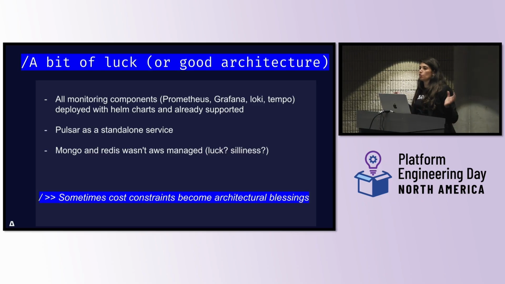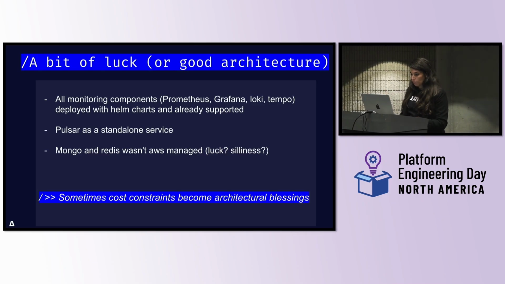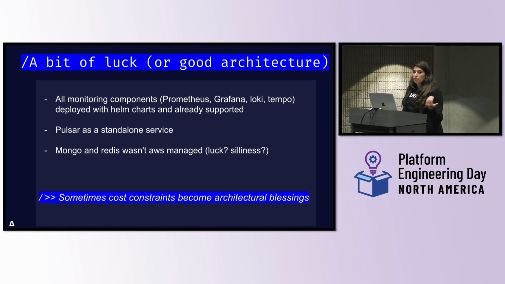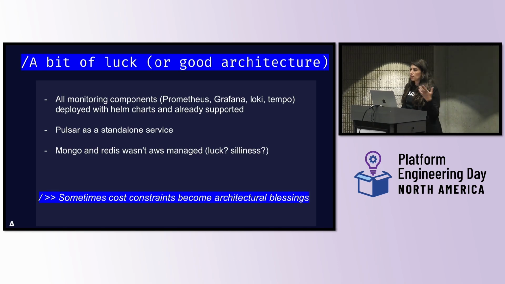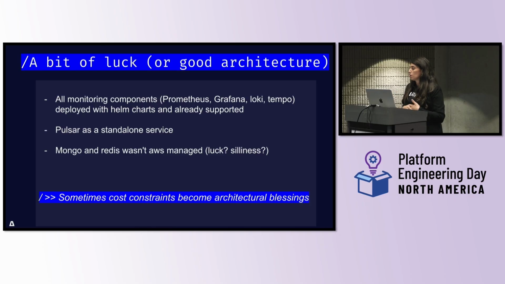So it was really easy to pack that up and deploy it. Pulsar, again, is a standalone component, not managed at all, and those two are a major part of our SaaS. Our Mongo and Redis were standalone as well. So we didn't need to transfer those to an air-gap solution. We just needed to redeploy them in the new cluster that we were going to create.